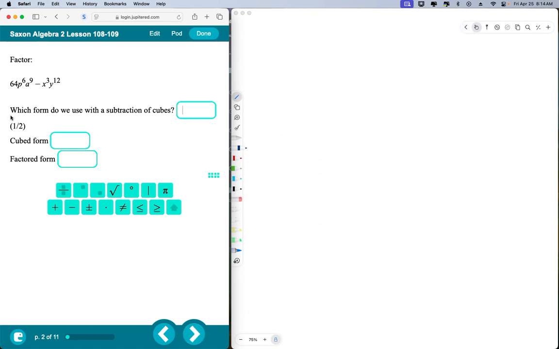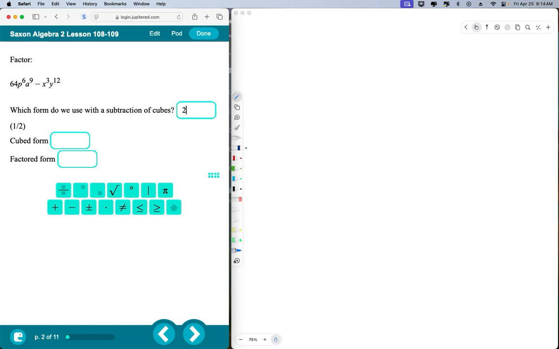So, which form do we use with subtraction of cubes? That is the second form. And if you want, you can remember it like this. Remember when you were first learning about math? The first thing you learned to do was add. After you learned how to add, the second thing you learned was subtraction.